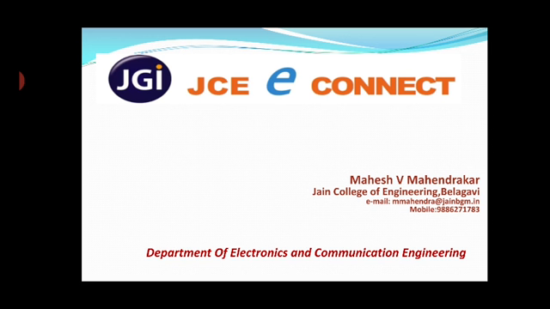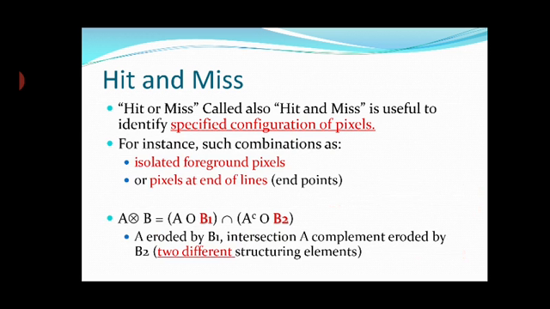Just in brief, erosion is for erasing the image, that is for thinning purposes, and dilation is to add data content for image thickening applications. Now let us consider the next algorithm, that is hit and miss.